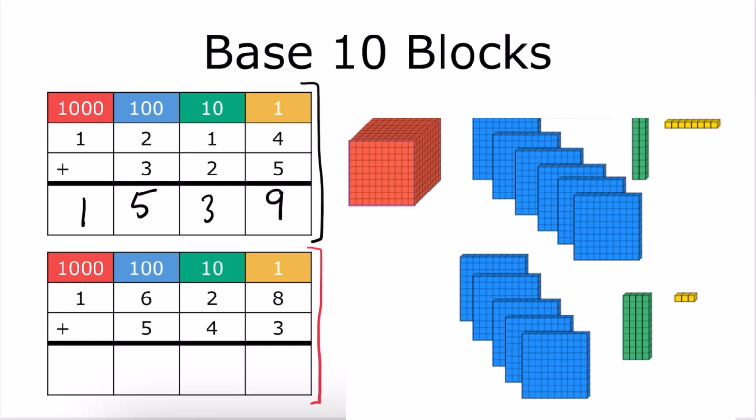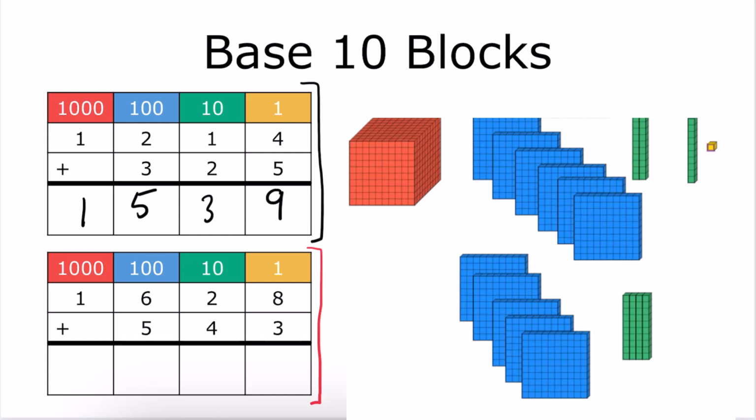If we're going to add these numbers together, your students, especially if you're using physical blocks and doing it by hand, might combine them all up, and then they'll recognize that when you put 3 ones together with 8 ones, you have 11 ones, and there's enough ones that you can make this simpler by regrouping the 10 ones together, which makes 1 ten and 1 one. It's still the same number of blocks, but you're just converting them into a simpler type of block. So you just have 1 tens block instead of having 10 individual ones.